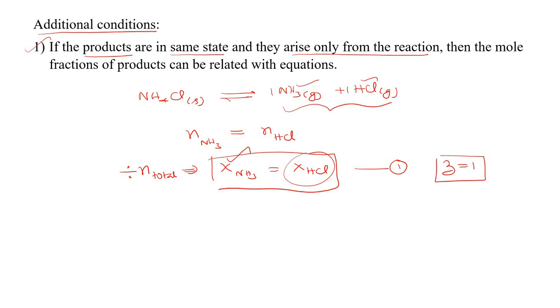Then you can relate the products using some equation, and using that equation it is possible to subtract some of the variables, that is, we need not specify some of the variables. I am going to represent this by the symbol Z, the number of variables that has to be subtracted from the total due to this additional condition.